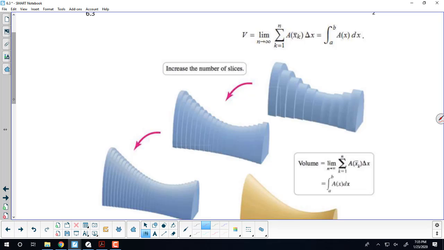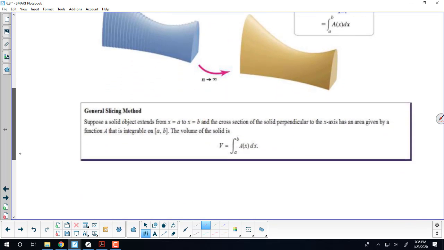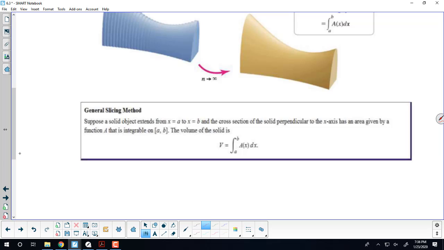So once again, we're letting the number of those things go to infinity, which involves an infinite sum, and an infinite sum is what a definite integral is. Okay, so the key to finding these volumes is we're going to integrate the function A of x, where A of x is the area of the cross sections.